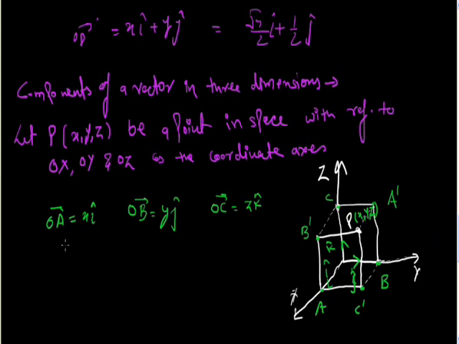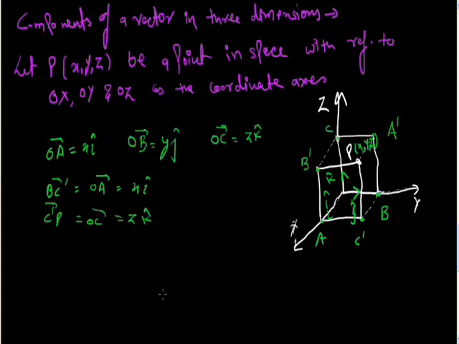Now similar to this, BC dash is the OA vector, that is x i cap. C dash P is equal to the OC vector, which is z k cap. The OP vector is equal to the OC dash vector plus the C dash P vector.